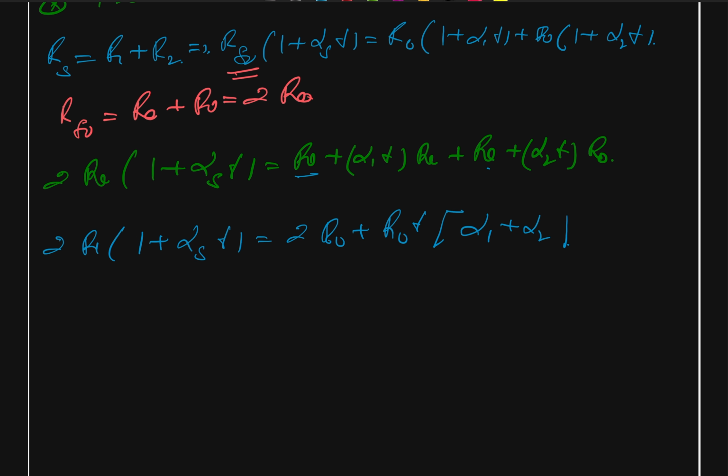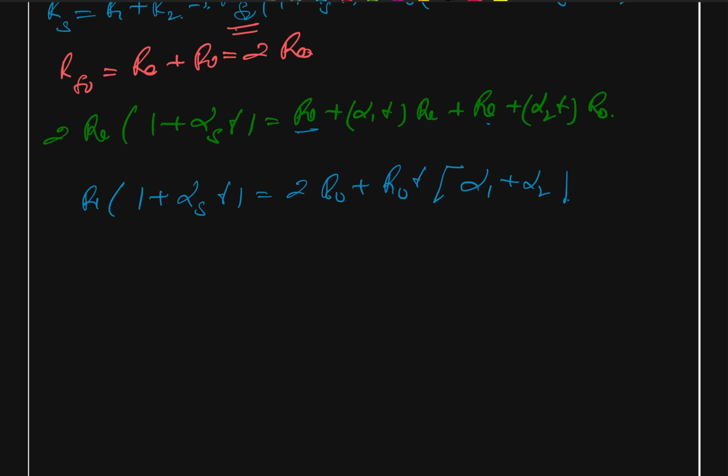Let me open the left side. On the left side I get twice R naught plus alpha S T multiplied by twice R naught.